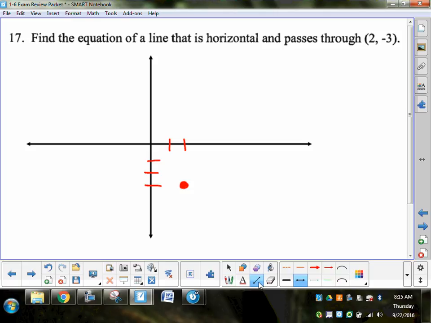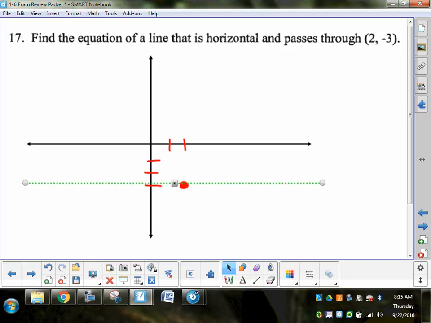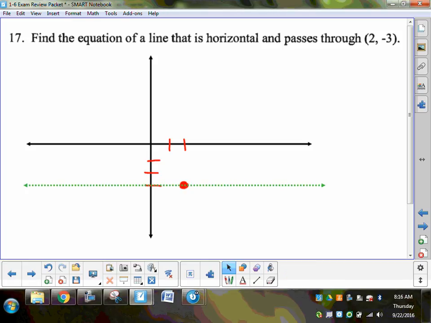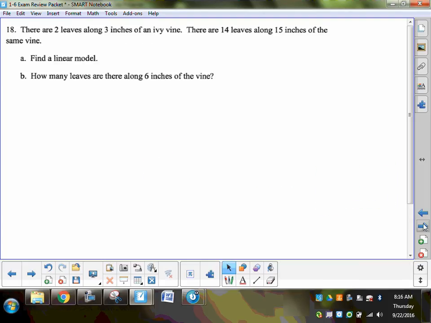So I'm looking for the equation of a line that goes something like this. Now, is this an x equals line or a y equals line? Hands up, please, if you can answer that. And it's going to be, in this case, y equals what? All right.